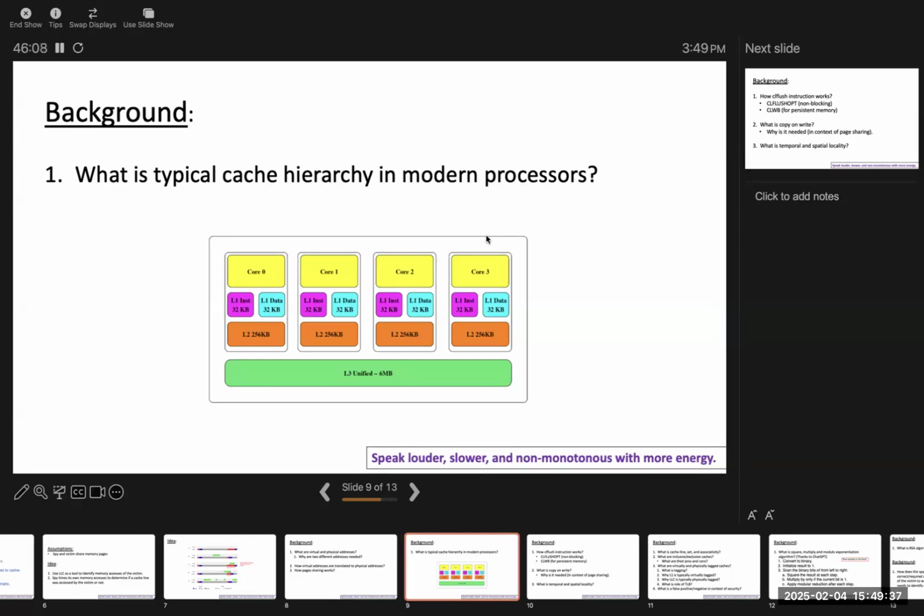So in case one, you have a core which has only a unified L1, which stores both instructions and data. In another case, you have a core which splits the L1 into instruction and data L1. How does it affect the performance of a program or process running on that core?